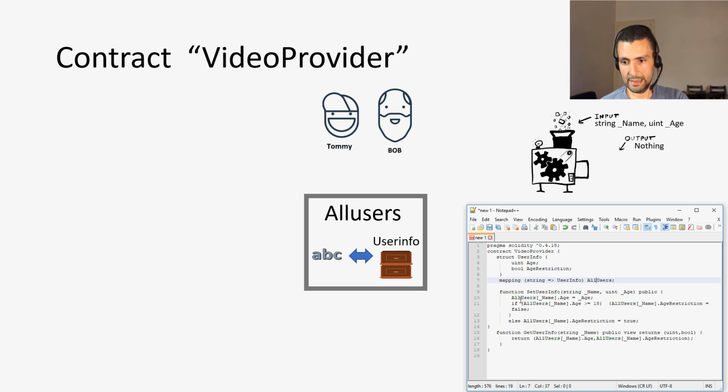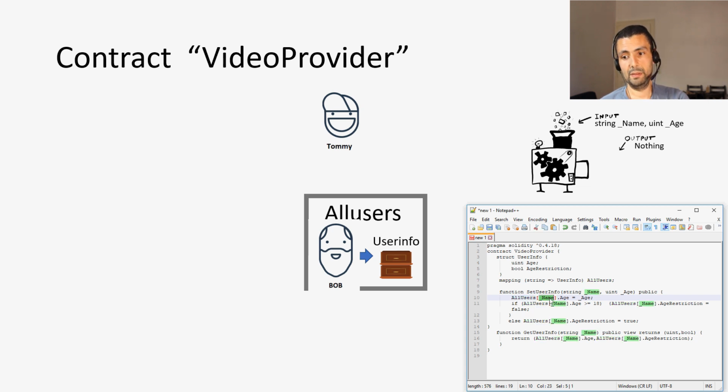So if I want to import Bob here, then I have to say for all users, the name Bob, please set the information called age inside the user info struct to the input I give here in the instruction, in that case the value of underscore age.